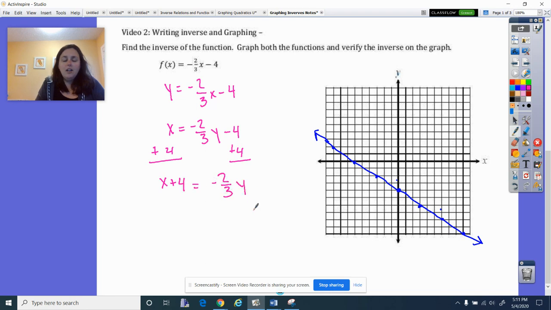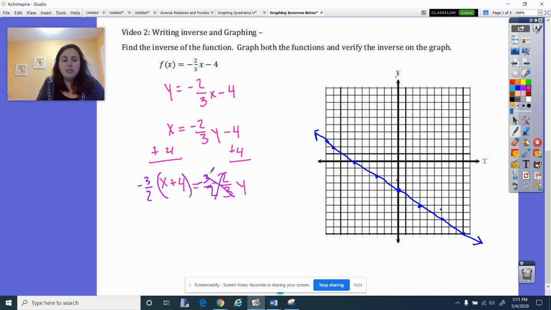-2/3 y. All right, so now I need to divide by -2/3, which is the same as multiplying by the reciprocal. So I'm going to multiply by -3/2. These cancel out, and I have to multiply the whole side by -3/2. So notice how I put the x plus 4 in parentheses.